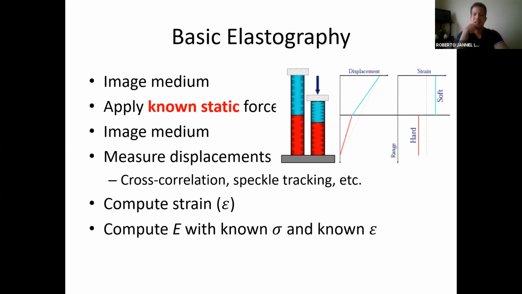So the basic idea of elastography, to create an image of a medium, is that you apply a known static force. And we're talking about this idea of strain imaging, which was one of the first algorithms proposed in the literature for creating elastographic images. So you apply a known static force, and you measure how the medium is deforming.